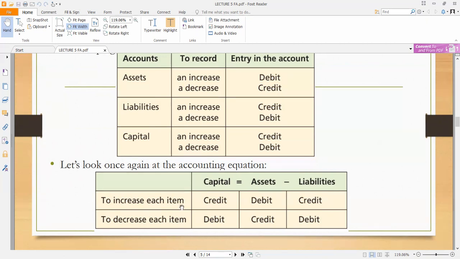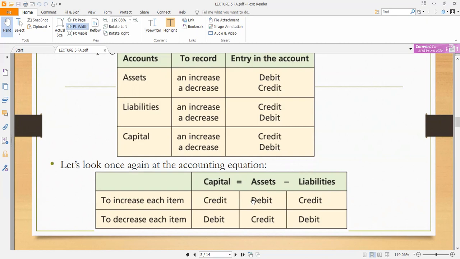Now, to increase each item: capital is credited into the bank account of the business. Then assets, we buy assets, we are debited. Then we are given money, we are credited.